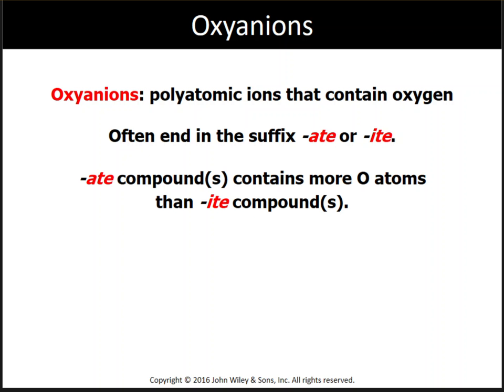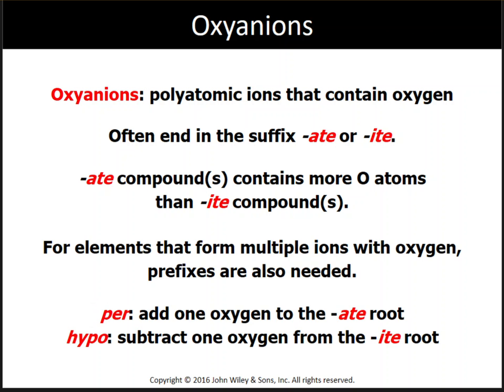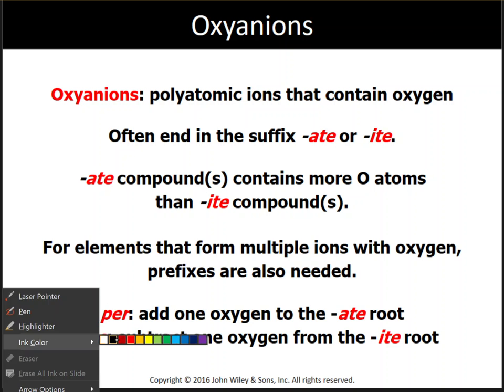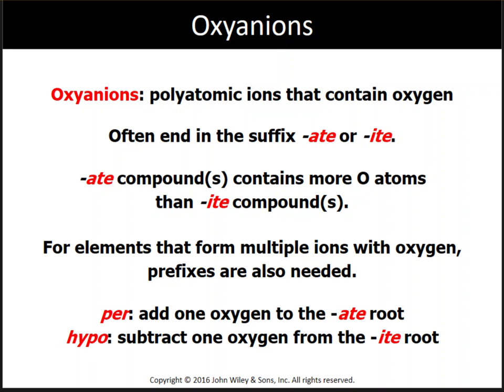For example, the most number of oxygens possible for sulfur is 4. So if you have SO4²⁻, this becomes a sulfate ion. If you have one oxygen less than sulfate, so 3 oxygens, SO3²⁻, this becomes a sulfite.